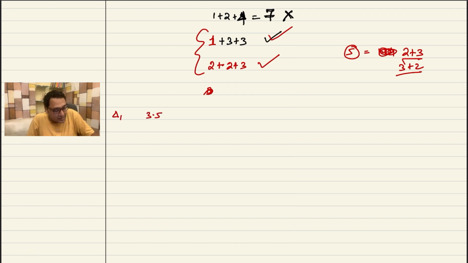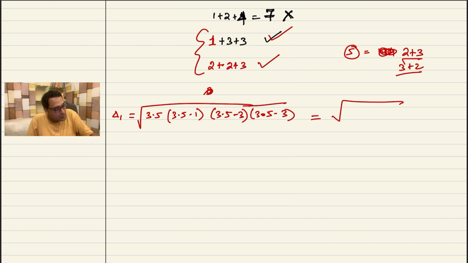So delta 1 is the square root of 3.5 times (3.5 minus 1) times (3.5 minus 3) times (3.5 minus 3). That's the square root of 3.5 times 2.5 times 0.5 times 0.5.